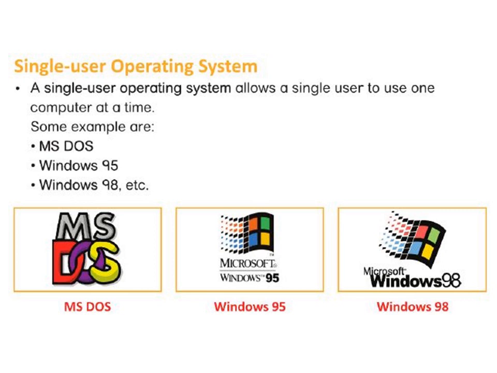So if a computer is using a single user operating system, then only one person can use the computer at one time. Some examples are MS-DOS, Windows 95, Windows 98, etc.